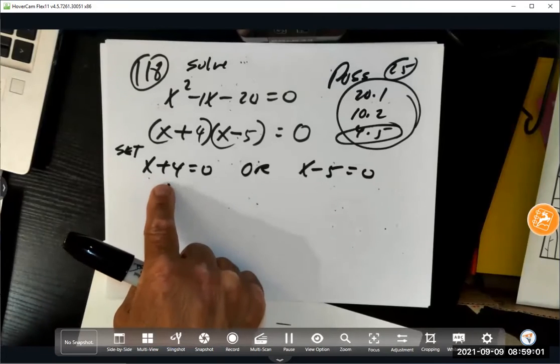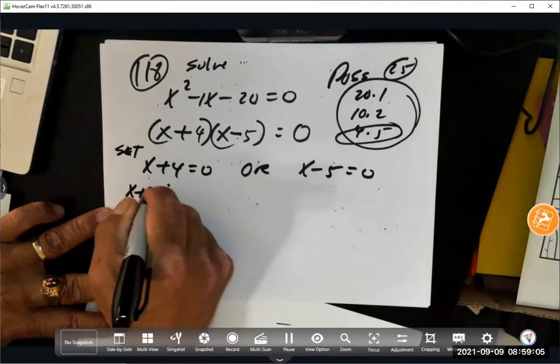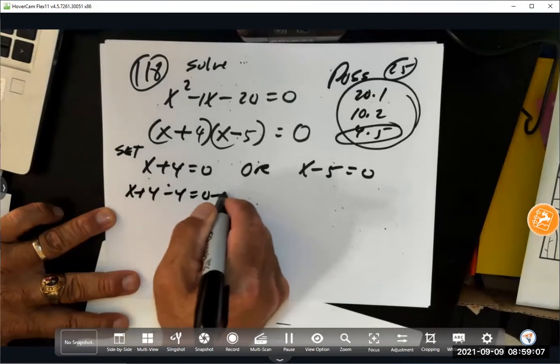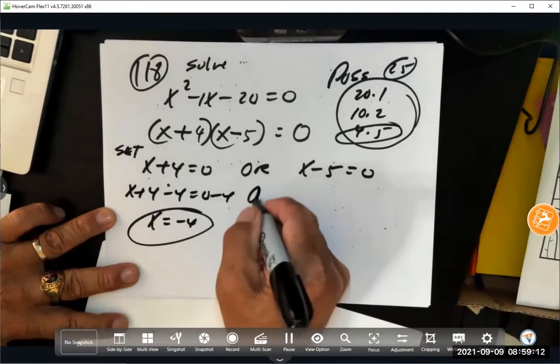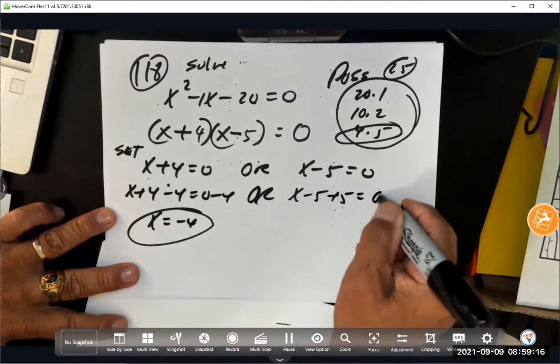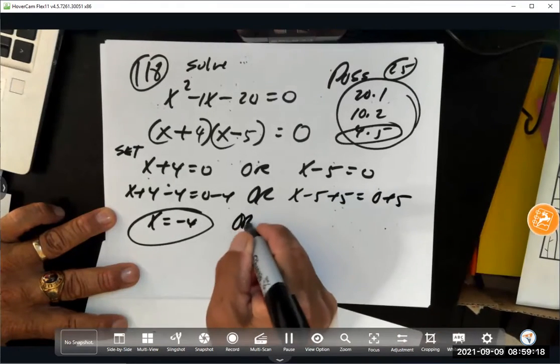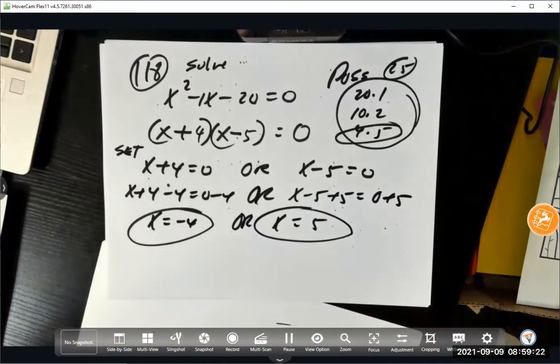Subtract 4 to each side. Yep, minus a 4, minus a 4. So x is -4 right here. Or x minus 5, plus a 5, and over here plus a 5, for x equals what? 5 is the second answer. Is that right for that right there?